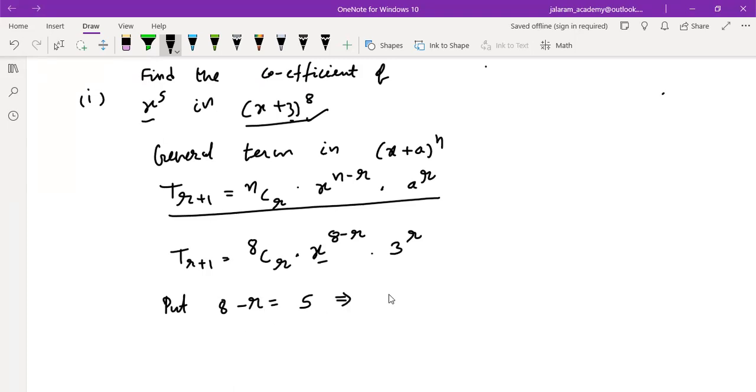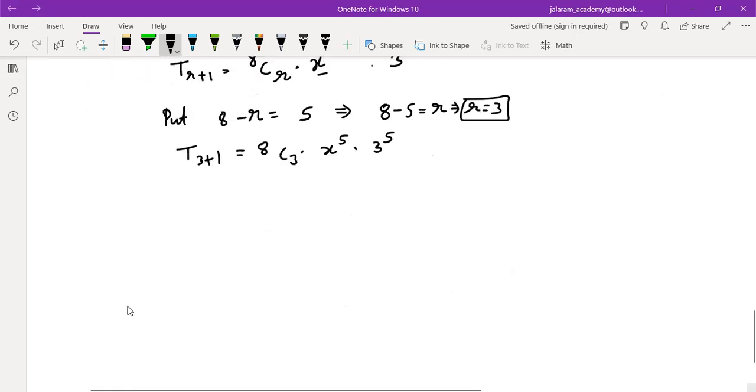So 8 minus 5 equals r, that is r equals 3. Then the term is T3 plus 1, in place of r we write 3: 8C3 into x to the power 5 into 3 to the power 3.